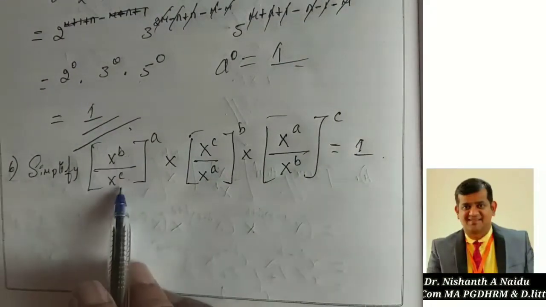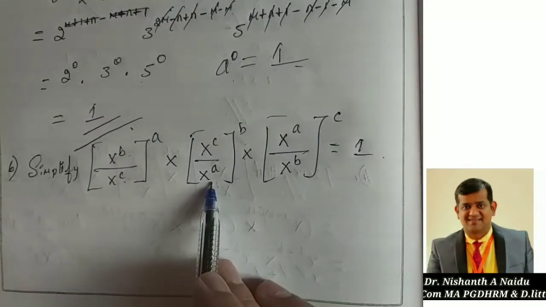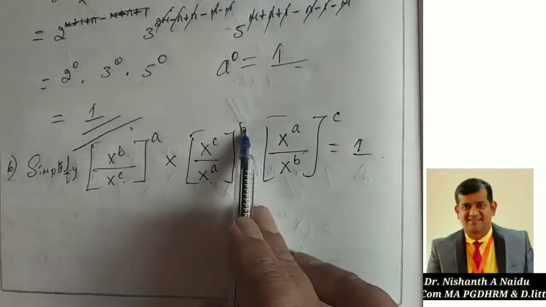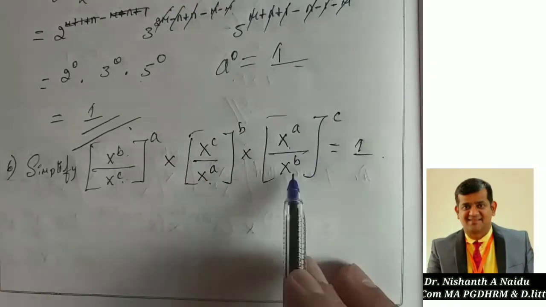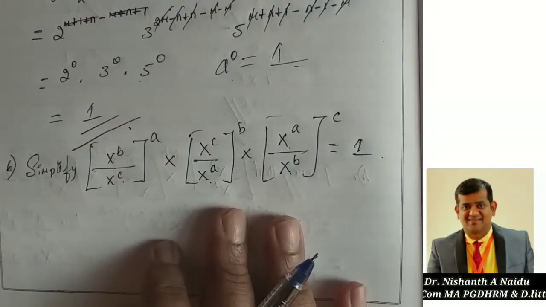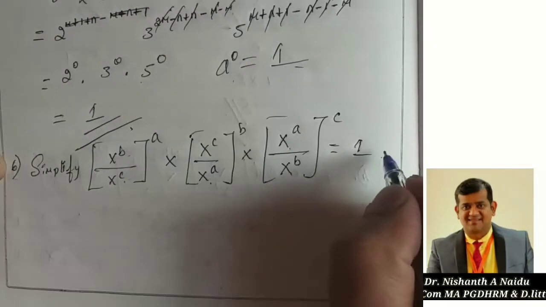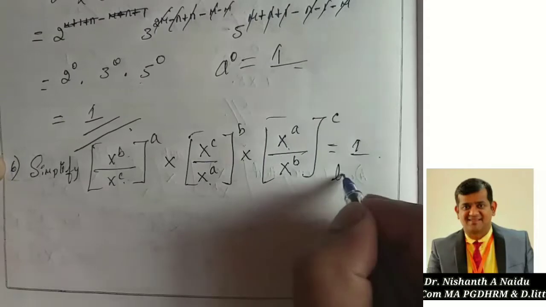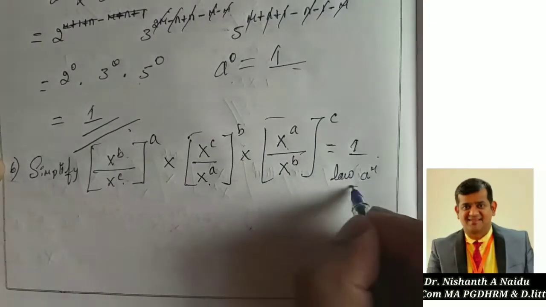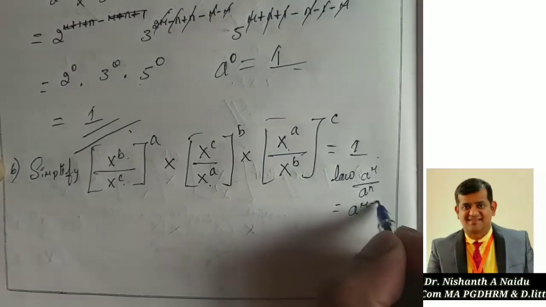x to the power b, x to the power c whole power a, x to the power c divided by x to the power a whole power b, x to the power a divided by x to the power b whole power c. Now which law are we going to apply here? Yes, the division law: a to the power m divided by a to the power n equals a to the power m minus n.